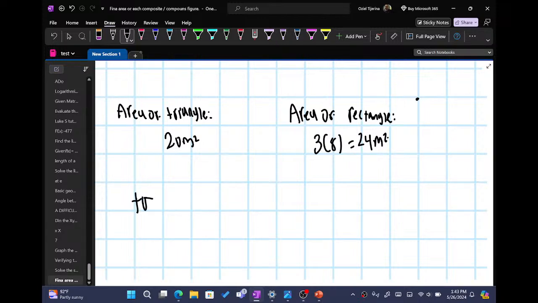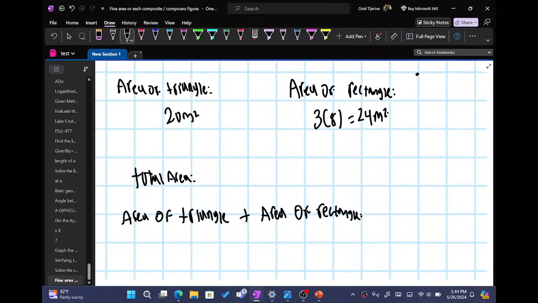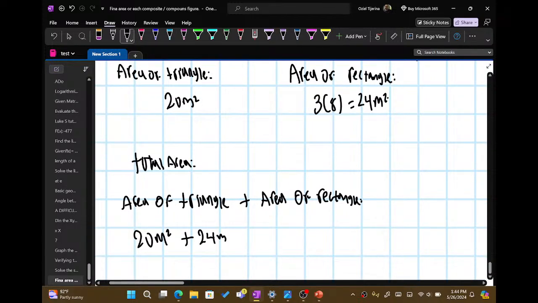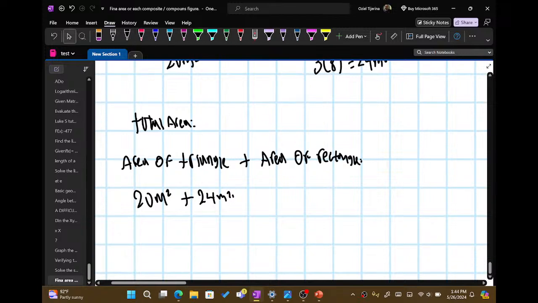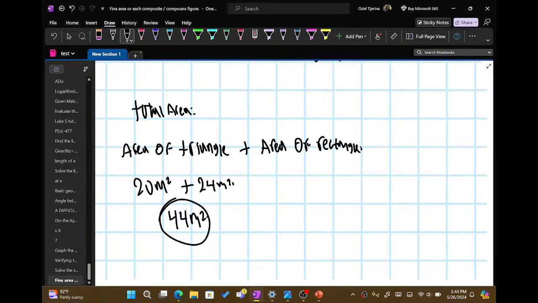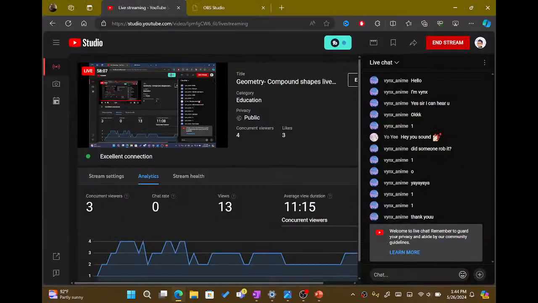So the total area will be area of triangle plus area of rectangle, which is going to be 20 meters squared plus 24 meters squared, which is really 44 meters squared. And that is the area of the entire shape, right?